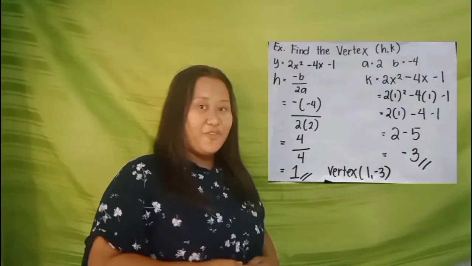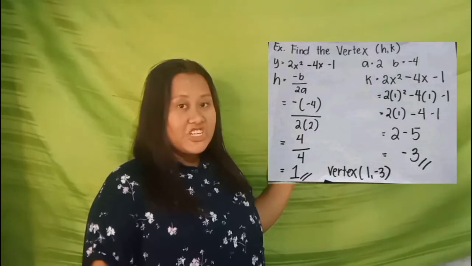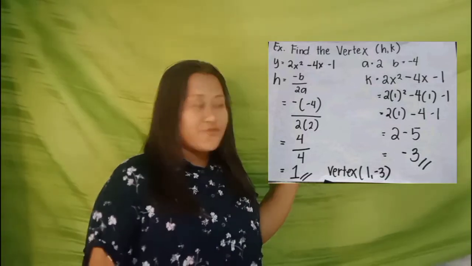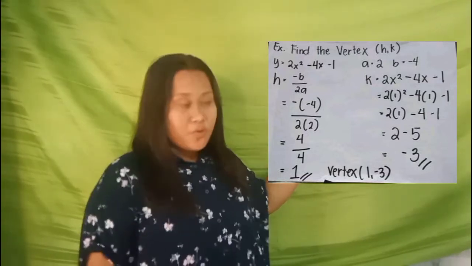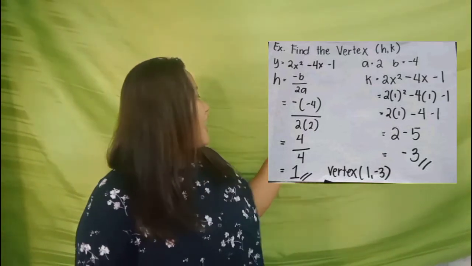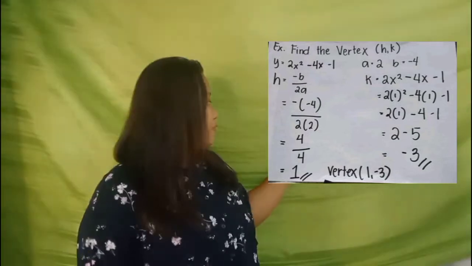This is an example of a quadratic function. Find the vertex h and k. y equals 2x squared minus 4x minus 1. The a is equal to 2, and the b is equal to negative 4. The formula is h equals negative b over 2a.